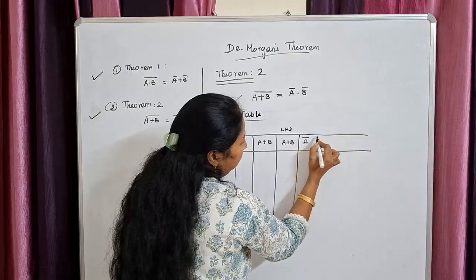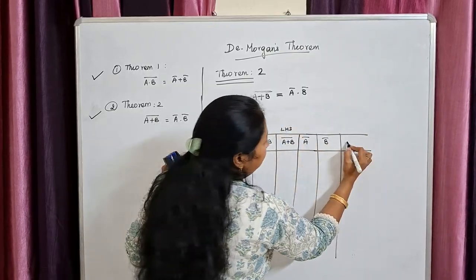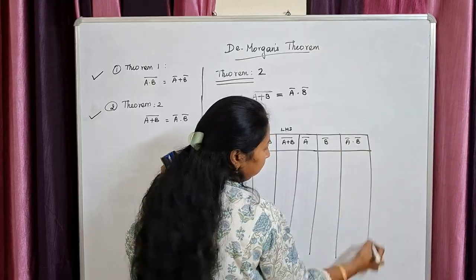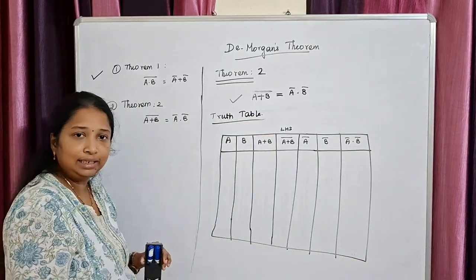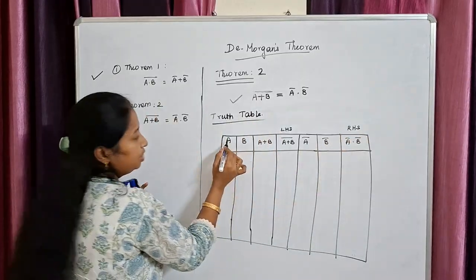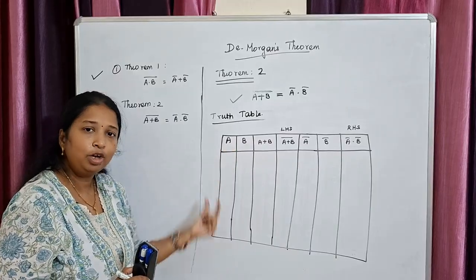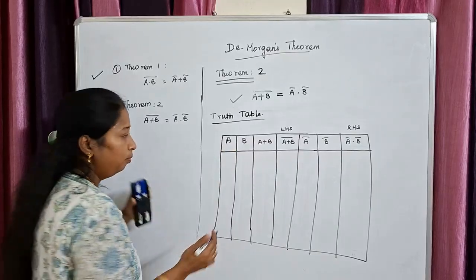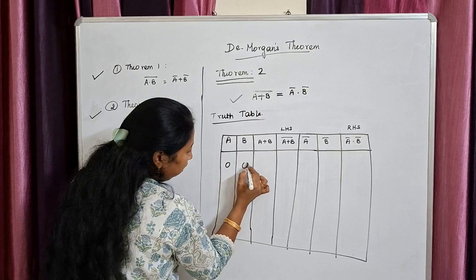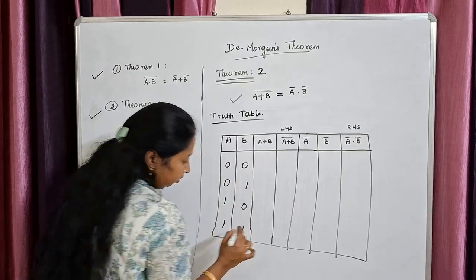It is A bar, B bar, and then the product A bar dot B bar. Is it clear? Now, this is my RHS, and A and B are my inputs. Since I have got two inputs, how many combinations are possible? Four combinations. Give all the combinations: 0 0, 0 1, 1 0, 1 1.